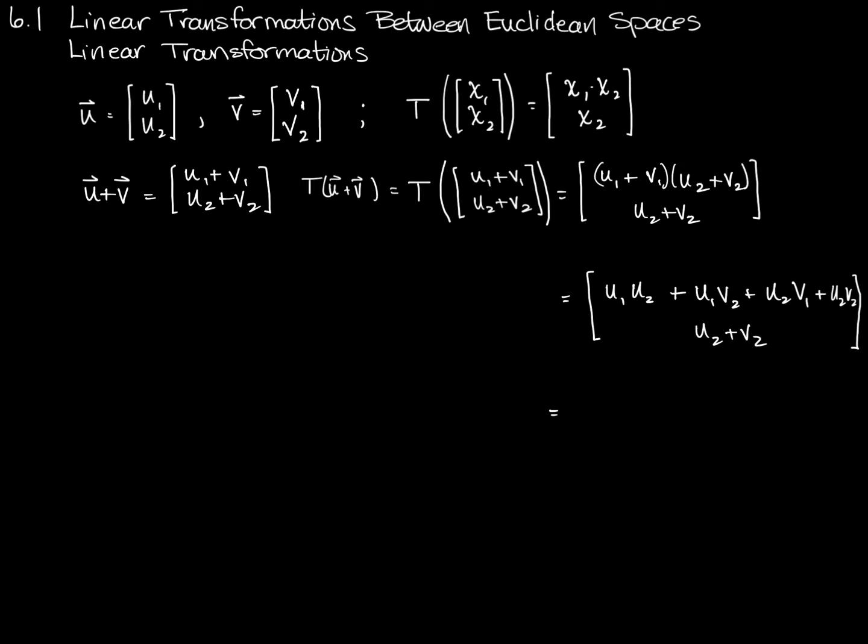See, what else could I do? I'm looking for a way to write the transformation of a sum as the sum of transformations. And I can kind of see here that in this product there's a u1, u2 there, and there's a, where is it?